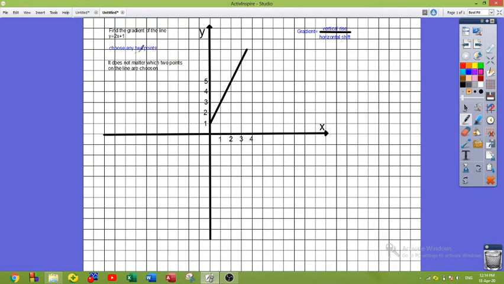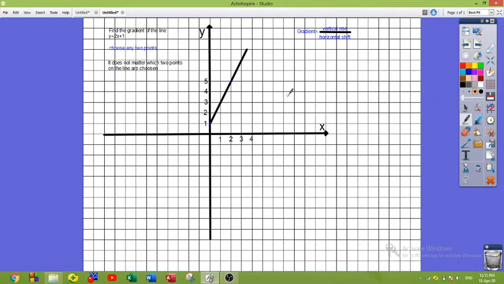Let's say this is point A, and let's choose point B. What are the coordinates of these points?